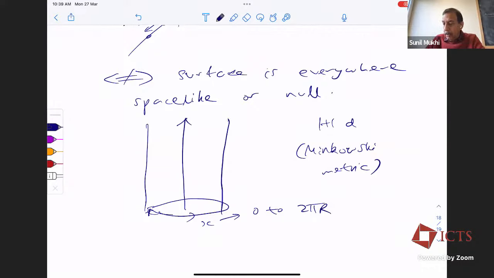Now imagine I have a curve which goes like this and then goes behind this cylinder, a helix basically. I hope you can see clearly what I have in mind. So it wraps around the cylinder. Now you see the way I've drawn it, it's always space-like.